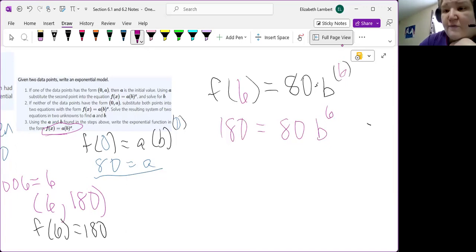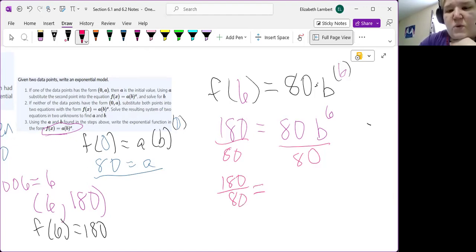And now we're just going to solve for B. So I divide by 80, sorry, I was already canceling out the zeros in my head. So I have 180 over 80 equals B to the 6th.